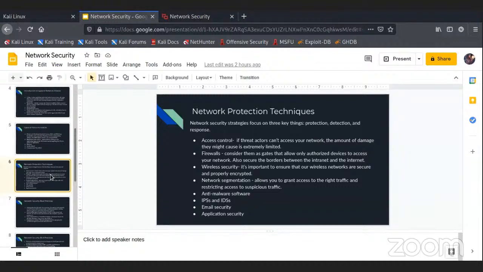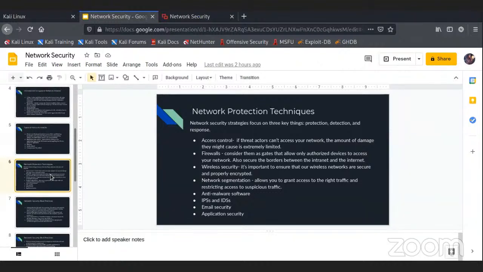It's important to ensure that our wireless networks are also secure and very well encrypted, like WPA encrypted, and not just WEP. There's network segmentation. This is where we partition our network to only grant access to the right traffic and restrict access to any malicious or suspicious traffic. We also have anti-malware software.